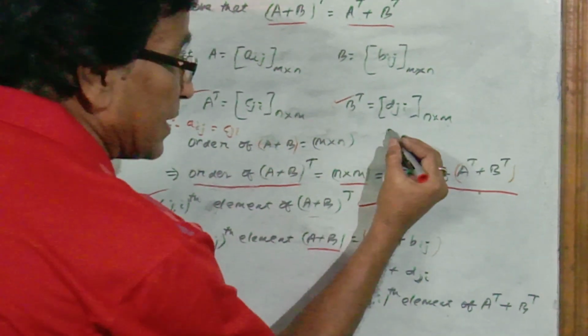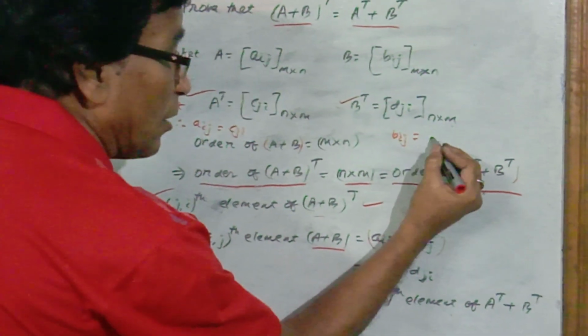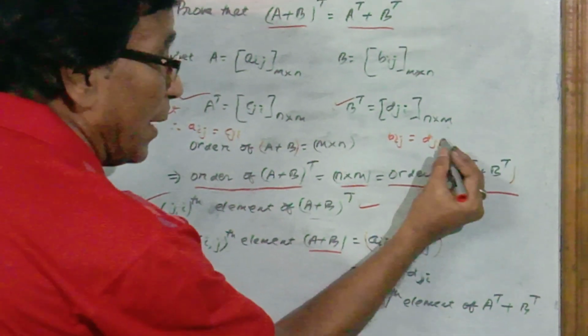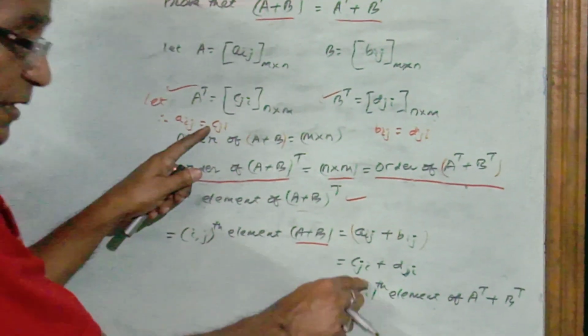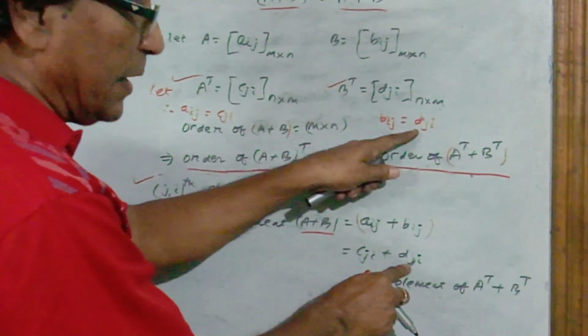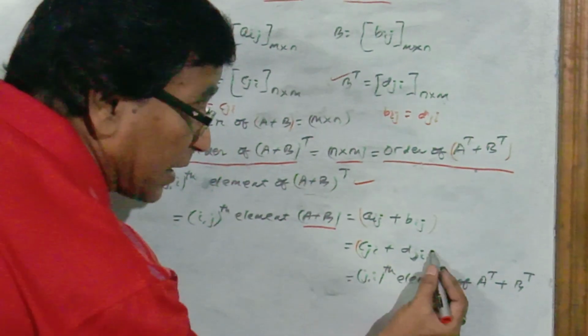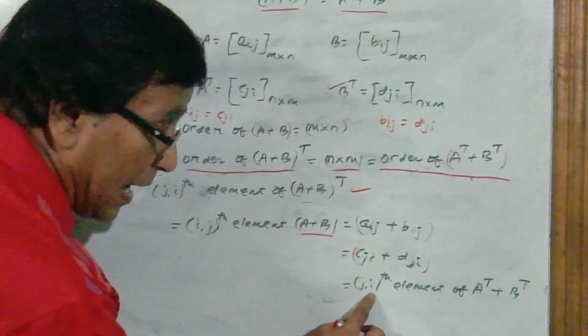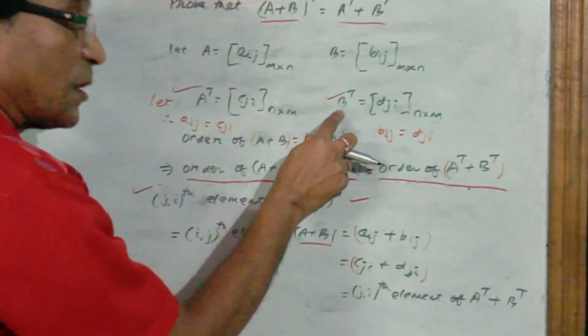Similarly, the Bij element must be equal to the Dji element. So in place of Aij we can substitute Cji, and in place of Bij we can substitute Dji. So Cji plus Dji is nothing but the jith element of A transpose plus B transpose.